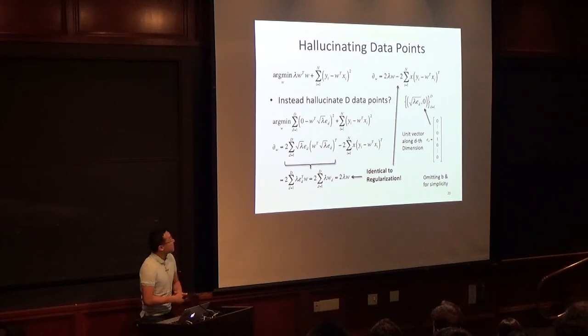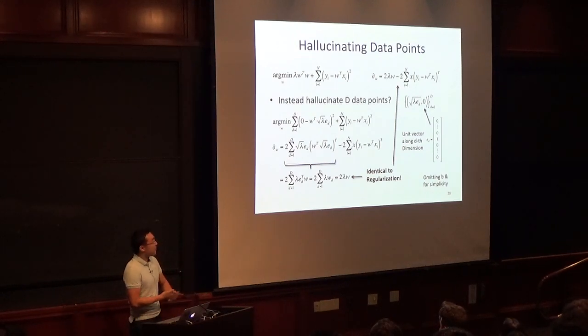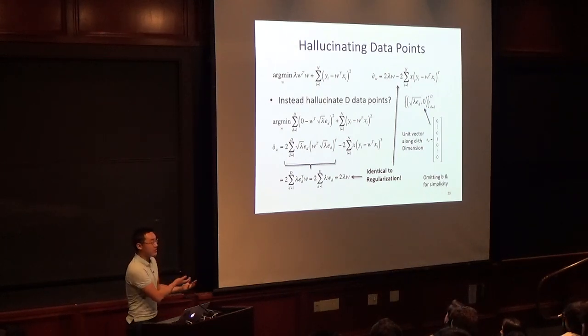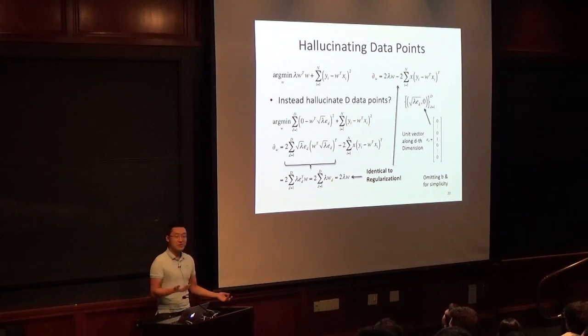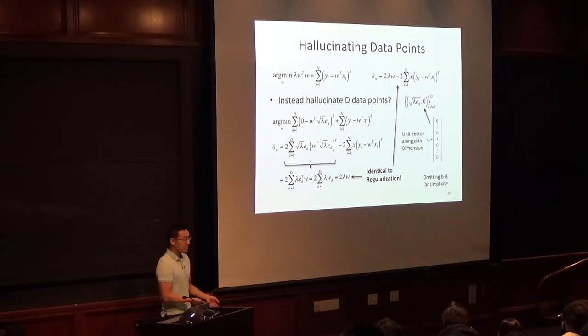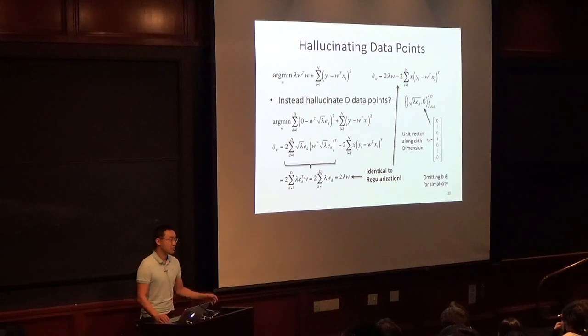That means that from a behavioral standpoint of the learning objective, this regularization is the same as simply saying, I'm just going to pretend in the absence of any training data that I have these capital D training data points with a label 0. It has the same effect on the learning objective, at least for squared loss.